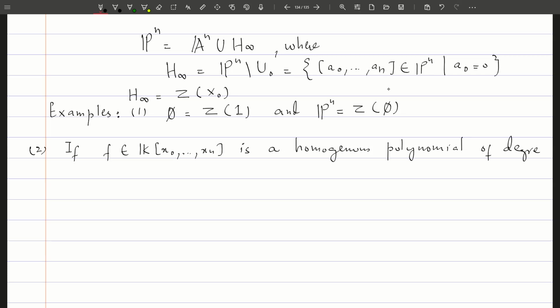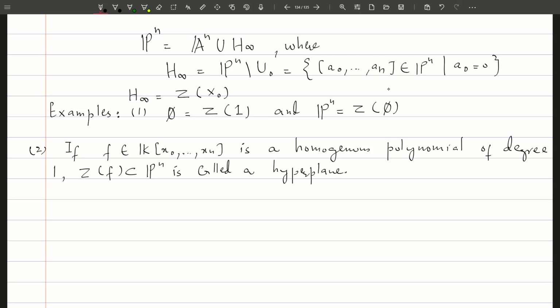Then the zero set of this polynomial, which is a subset of the projective space, is called a hyperplane.